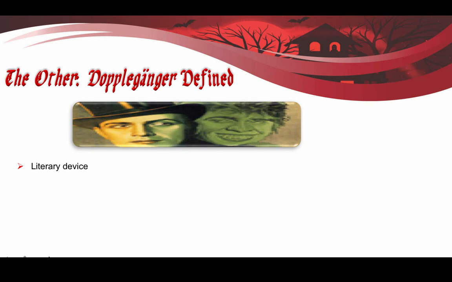Now, in horror, quite often, the doppelganger doesn't actually exist as a separate person, but is only a creation in the mind of another character. The character who is real in terms of the narrative is the creating character, and the character who doesn't actually exist is the doppelganger. The most famous literary doppelganger is seen in the novel Dr. Jekyll and Mr. Hyde by Robert Louis Stevenson. In that book, only Dr. Jekyll is an actual living person.